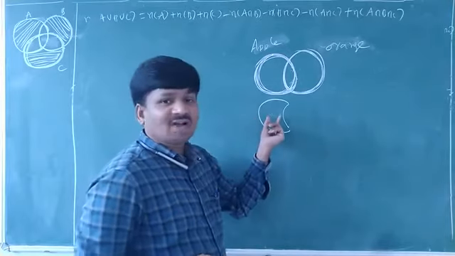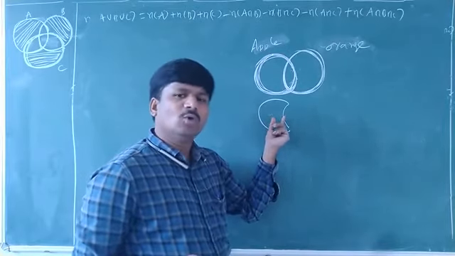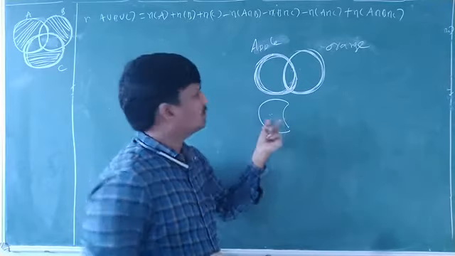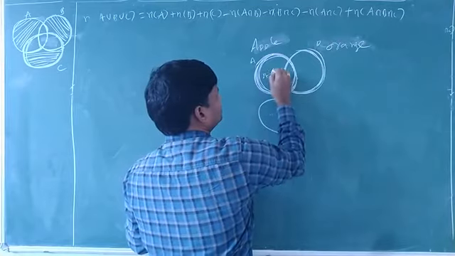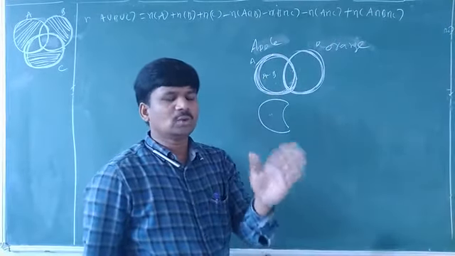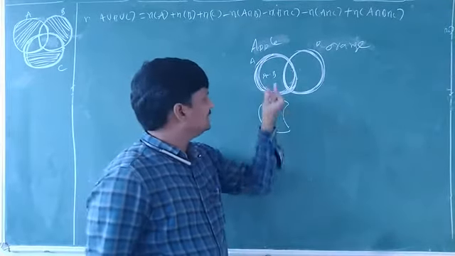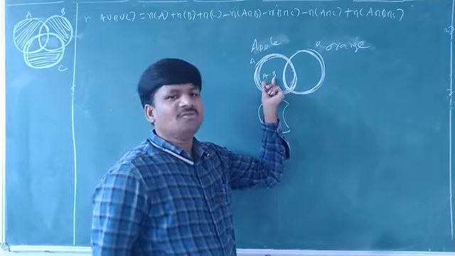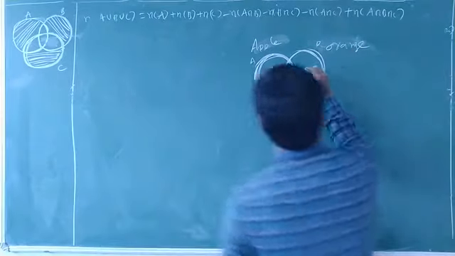Okay, it is the meaning of only apple juice. Only set A, or only apple juice. Only apple juice means what is that one? It is set A, set B, suppose A minus B. A minus B means the students who like only apple juice. These people will not drink orange juice. Understand?